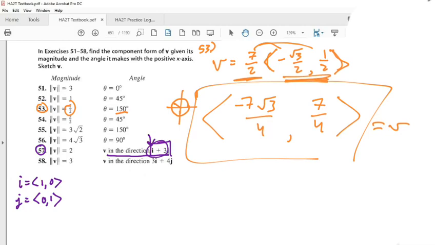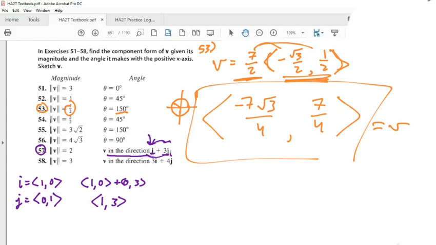A 1. And so you're just going to get 1, 0. What's multiplying the J? 3. And so if I multiply 3 times that, I'm going to get 0, 3. If I add these two vectors together, I get 1, 3, which is just the coefficients of those two variables.